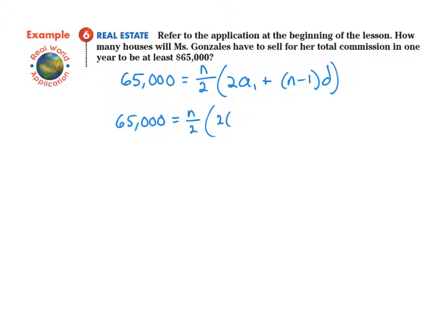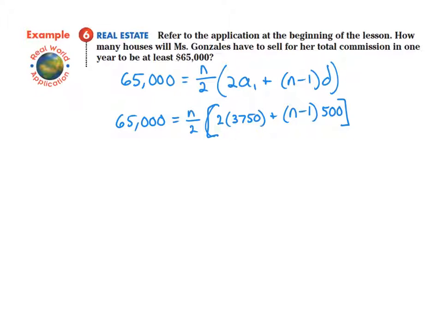We know that she started with a1 of $3,750 plus, there's that n again, so we'll leave that. And then it said that she was going to make an increase of $500 in commission for each additional house. So that's our D. That's what we're adding to each value. Okay? And from there, it's just a matter of doing the math.